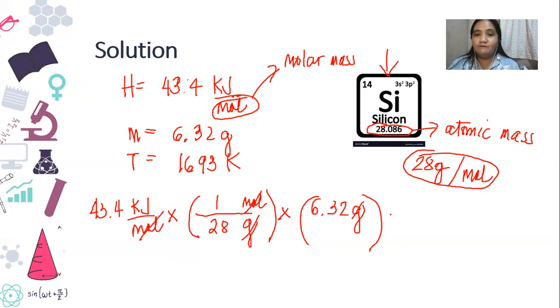And guess what? You already have the answer. Get your calculator: that's 43.4 kilojoules times 6.32 divided by 28.